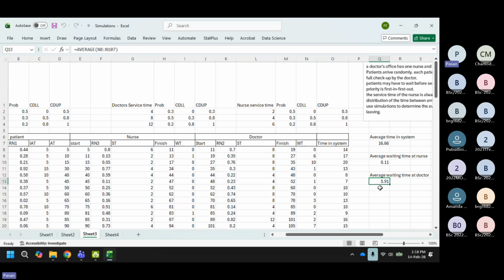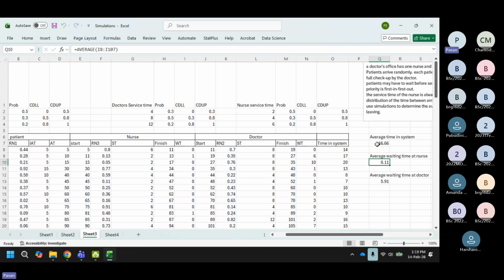Now what happens is that with my new distribution, you can see it is 2, 4, and 6, whereas previously it was 7. So it is getting smaller here. I'm changing these numbers to be much smaller. That means my average time in the system and average waiting time at the nurse, these two are going to reduce.